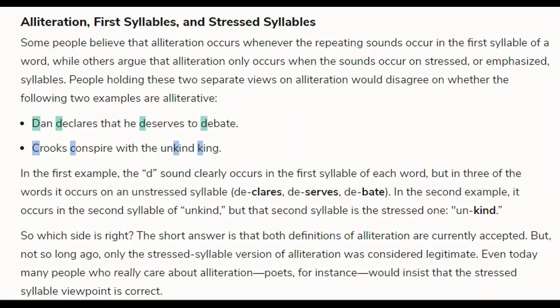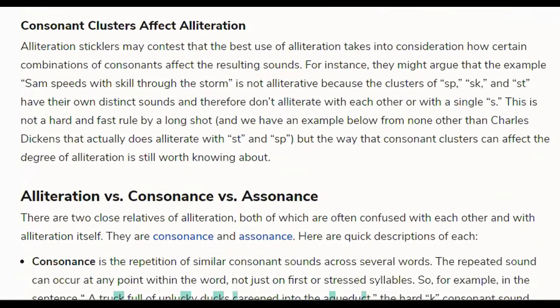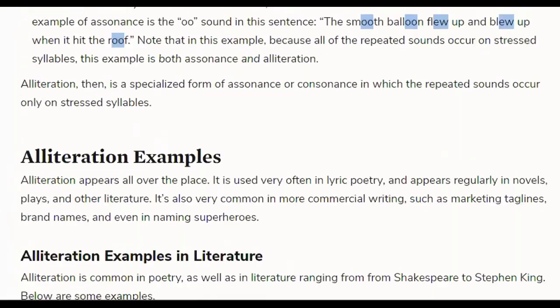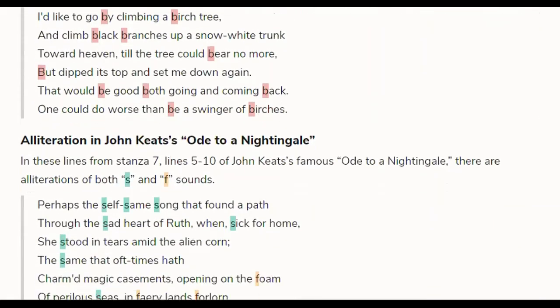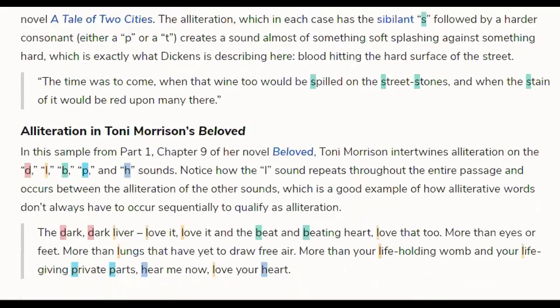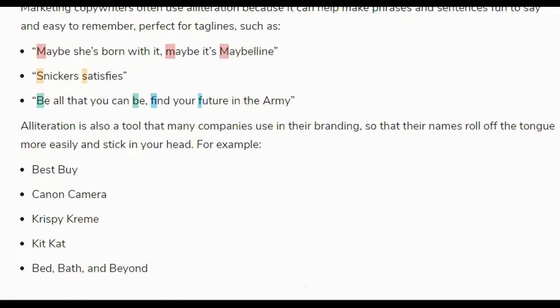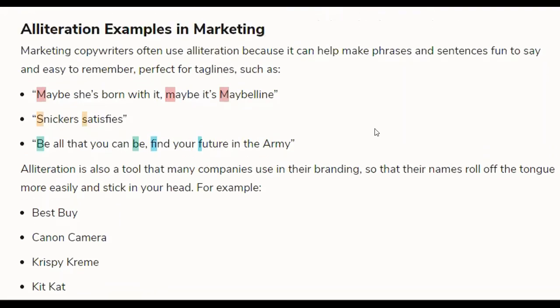One more interesting fact I would like to tell you is that alliteration is also used in marketing. Alliteration examples in marketing.